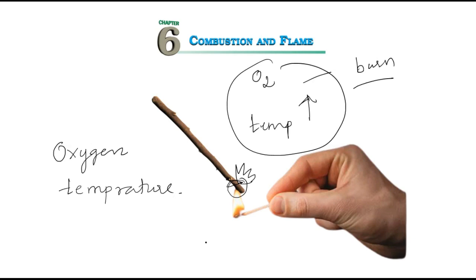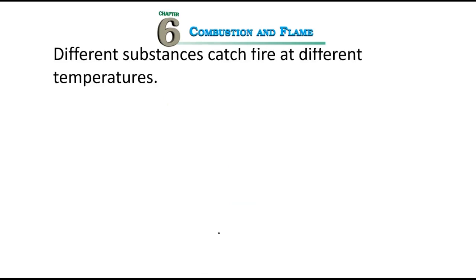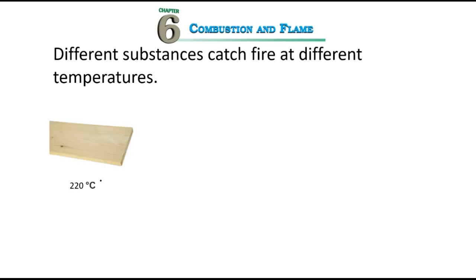Do we have the same temperature for all the substances to burn? Different substances catch fire at different temperatures. For example, wood requires a minimum of 220 degrees centigrade to catch fire.